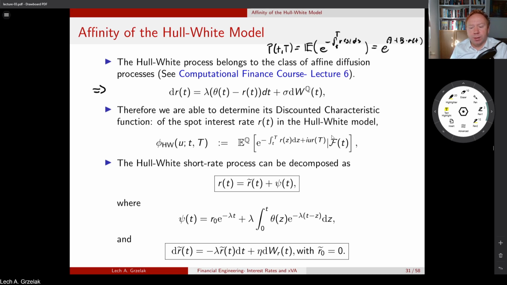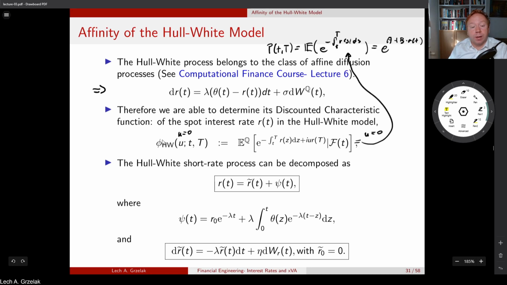Already at this point, we see that if we choose u equal to 0, then this term will be gone. Then we only have the discounting part, and that would be equal to the expression which is here. So if I take u equal to 0, then we have equality between here and this term.